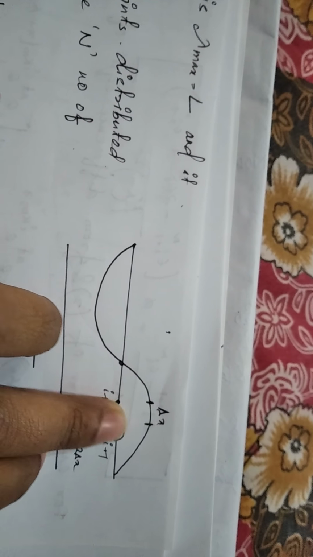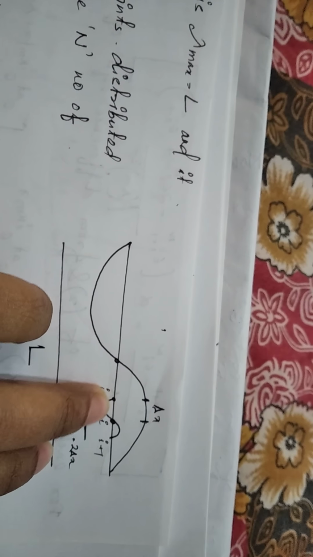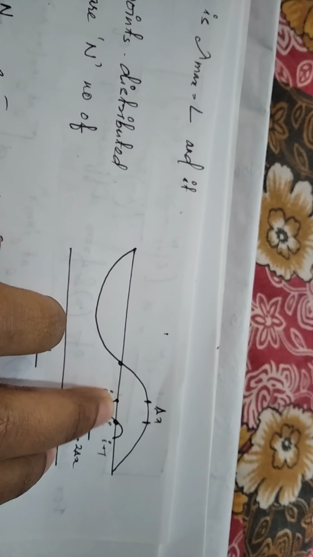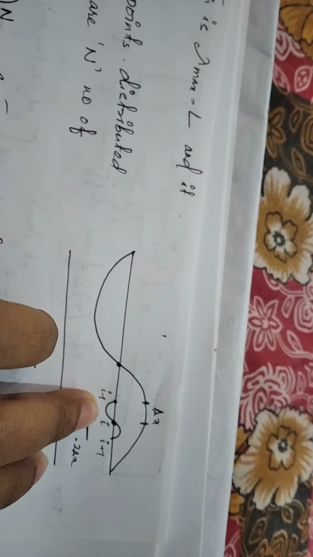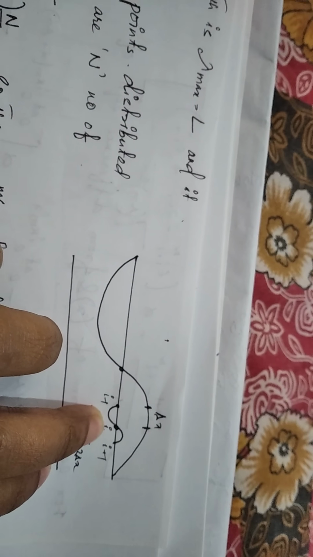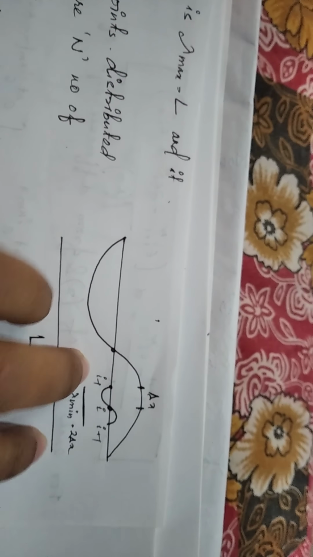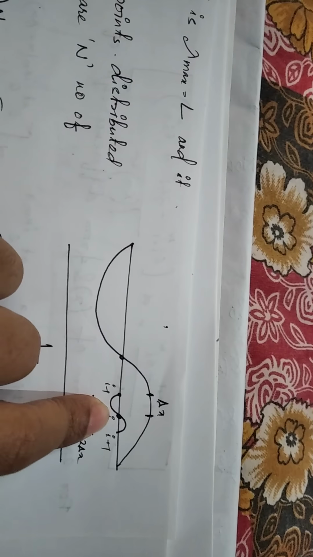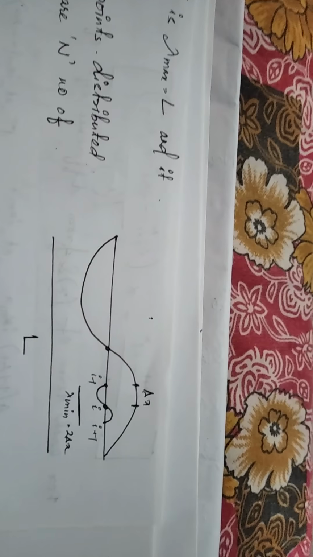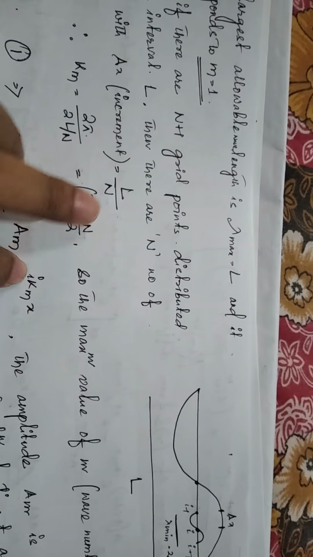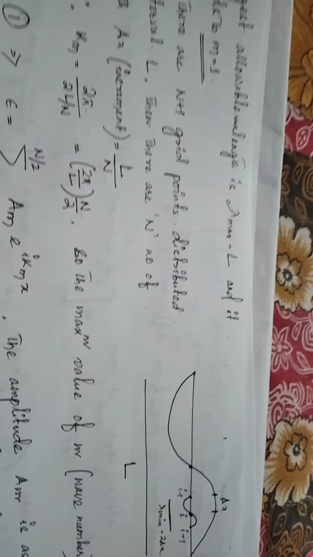This is one part of your small waves. What will be the value of this delta x? This delta x is nothing but the increment between I and I minus 1, where I is one of your grid points and I minus 1 is the previous one. So your delta x will be equal to capital L divided by n.